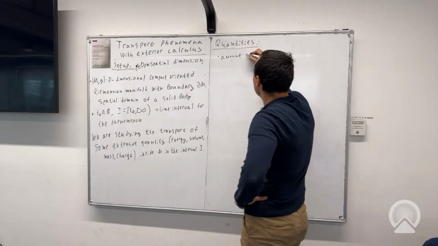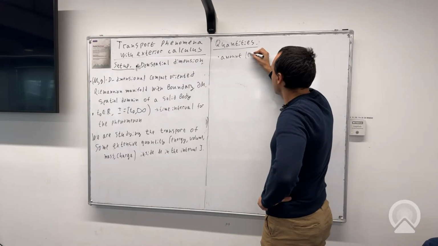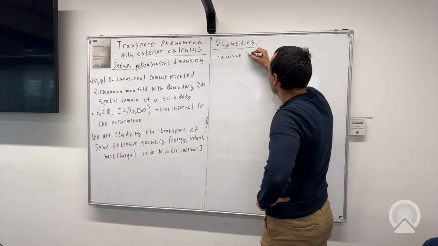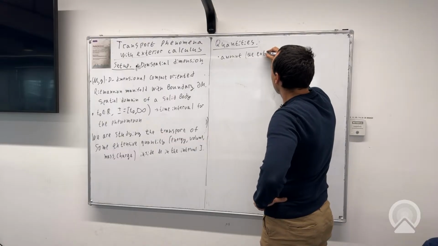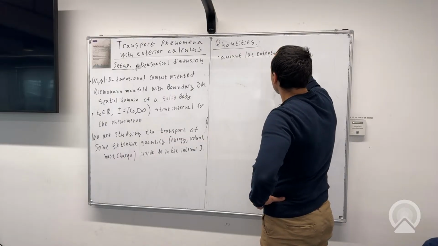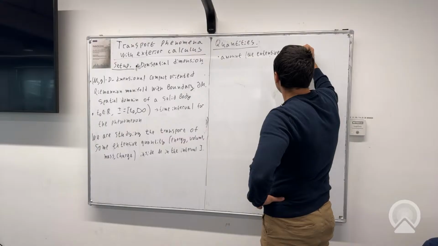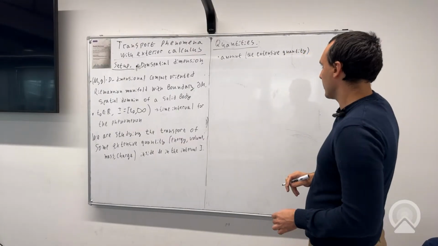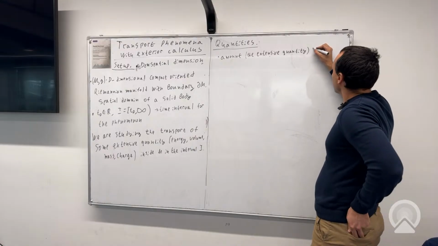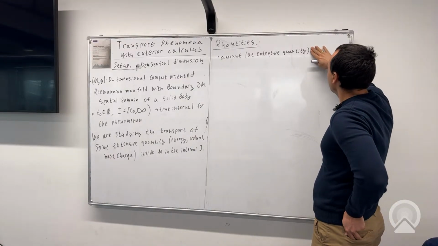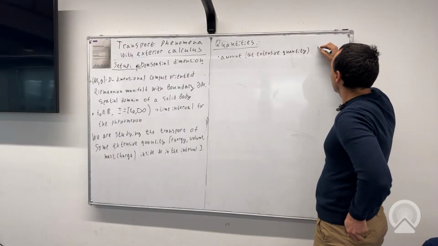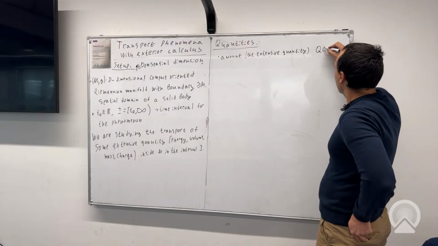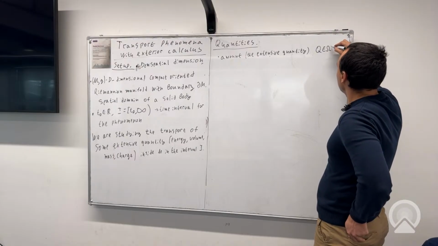So this is the extensive quantity, which is an amount Q, which is a deform.